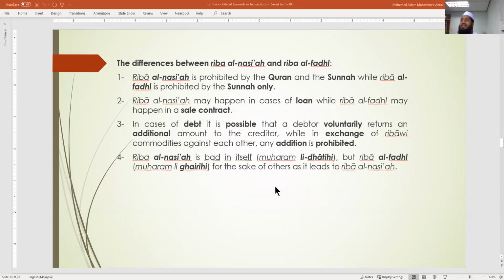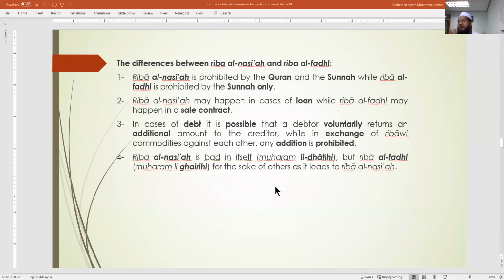Number three: in cases of debt, it is possible that a debtor voluntarily returns an additional amount to the creditor. It is possible in riba al-nasi'a. If you want to voluntarily pay extra, you can pay extra. While in the exchange of ribawi commodities against each other, any addition is prohibited. In business, an additional thing is prohibited.